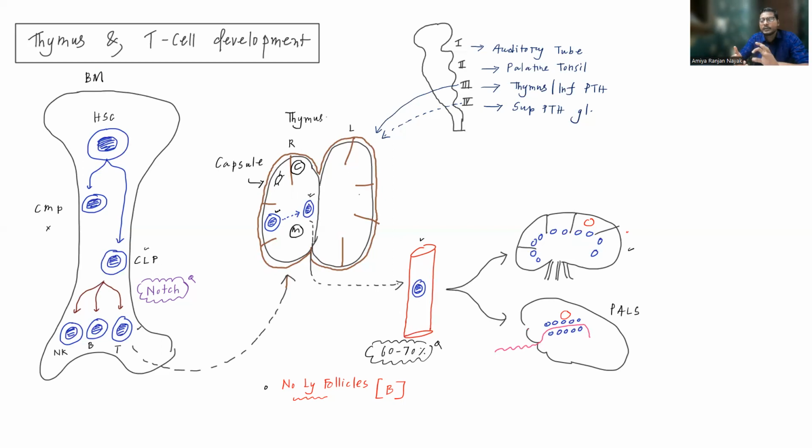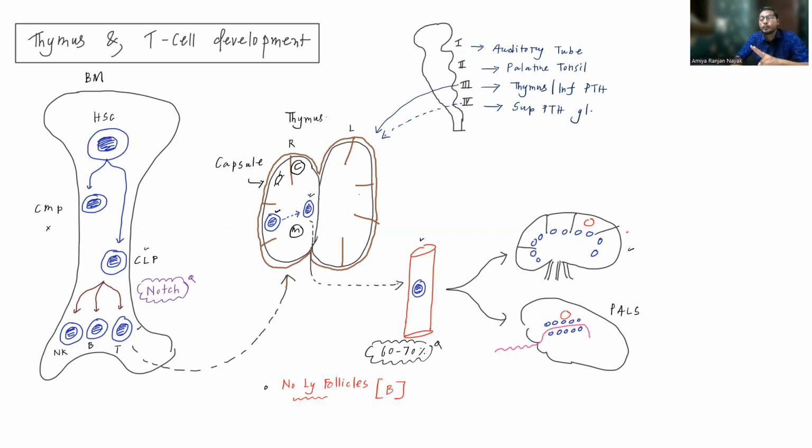Remember, these immature T lymphocytes are known as thymocytes. So you should not be confused. Thymocytes doesn't mean the thymic epithelial cells. Thymocytes means the immature T lymphocytes that are present inside the thymus. And thymic epithelial cells are simply called thymic epithelial cells, or sometimes also called thymic epithelial reticular cells.